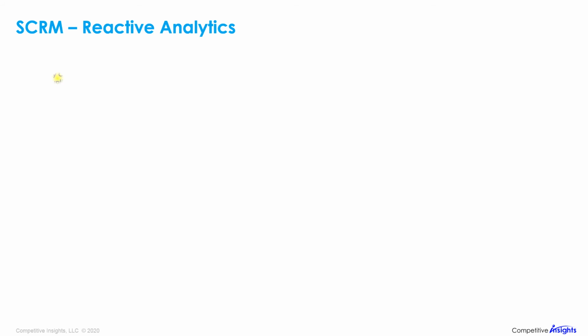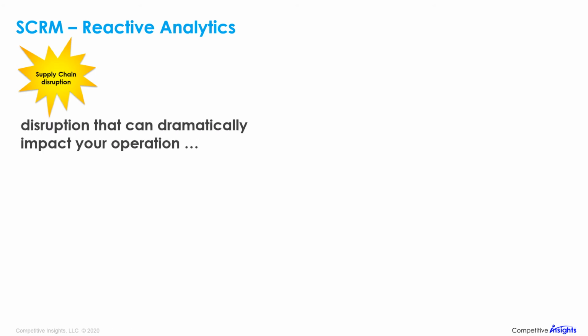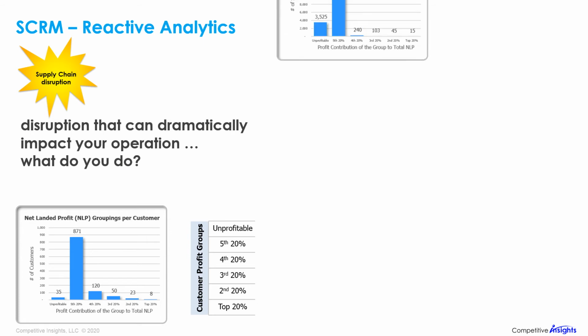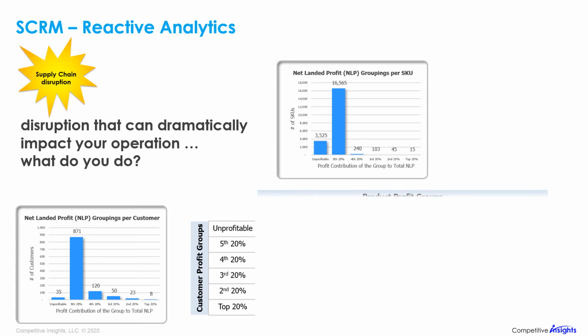But what happens if you don't know that the disruption is coming, like the tariffs that we just discussed, but it is some form of a disruption that's going to dramatically impact your operation? What do we do? Well, we're going to start with the same thing, looking at customers, and we're going to be able to understand which customers matter the most or where it would hurt the most. And then we're going to couple that with products.